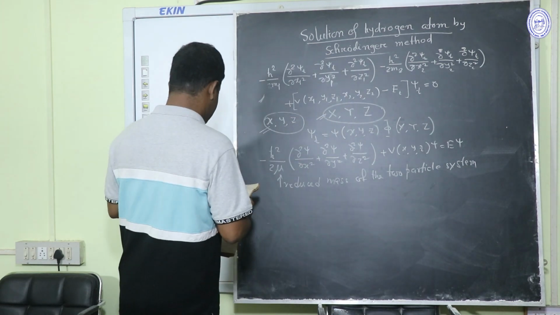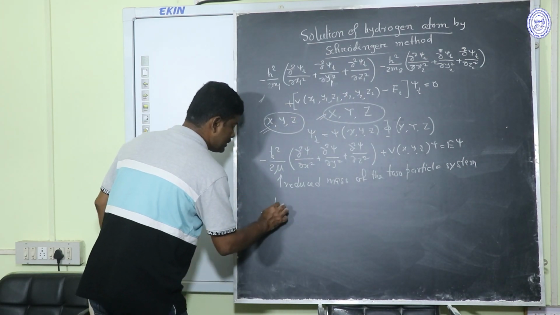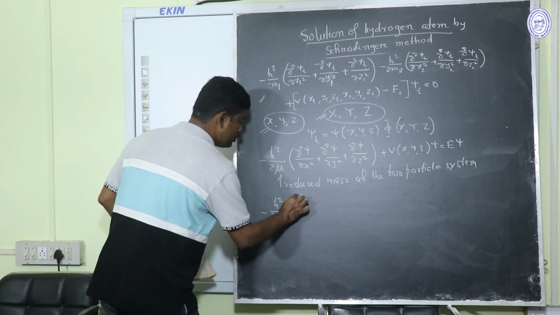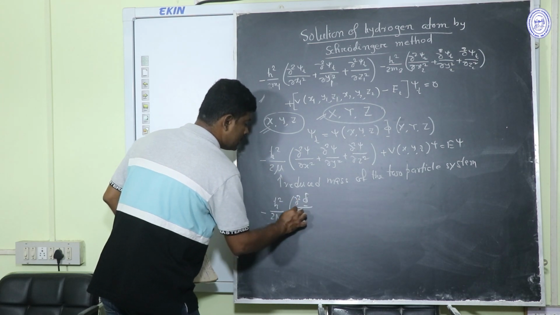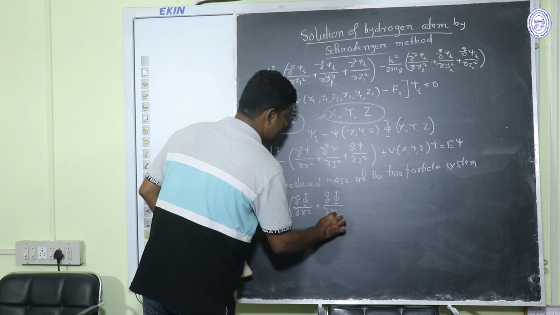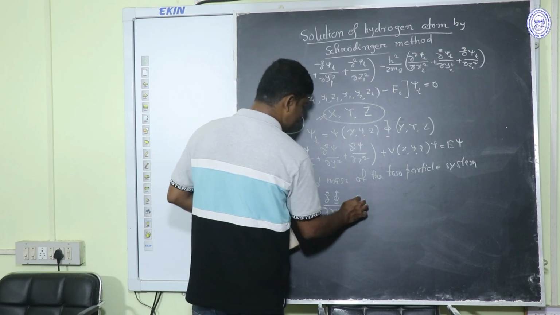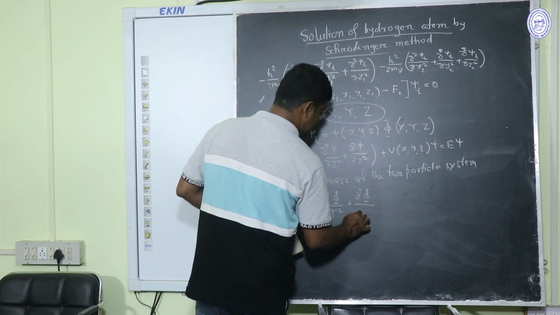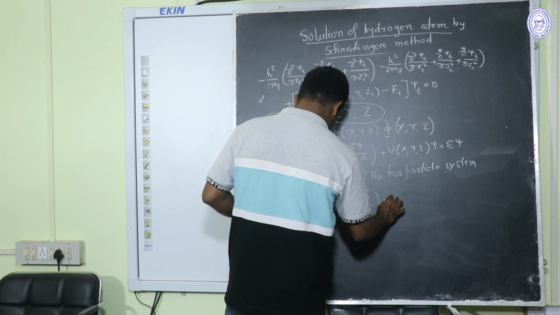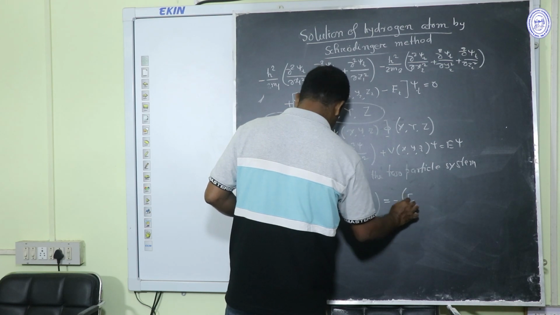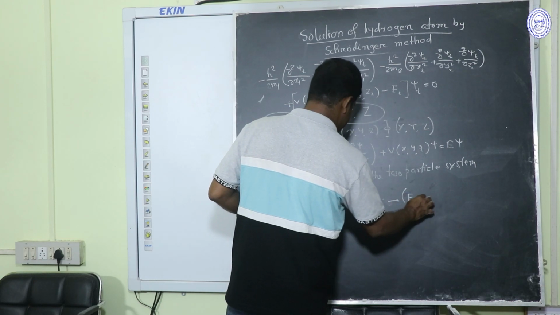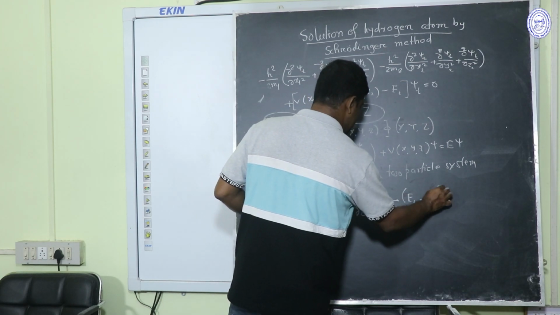And the other equation will be minus ħ² by 2 capital M times ∂²Φ by ∂X² plus ∂²Φ by ∂Y² plus ∂²Φ by ∂Z², equal to minus (Et minus E) Φ.